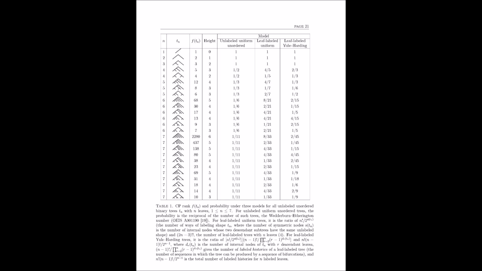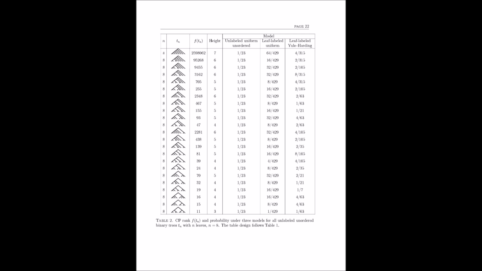Okay. And because we know that height and CP rank are so tight, this tells us something really important about how those CP ranks are distributed in this uniform model. So are you saying that by understanding this square root connection between the height and how many leaves there are, we can begin to predict what CP ranks we're most likely to see? Exactly. Wow.